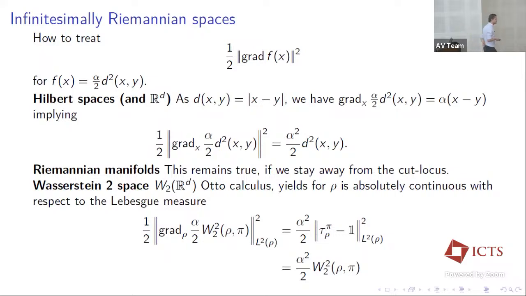And if you square that, you find the Wasserstein metric squared. So also there, this holds. And I would call a space that satisfies this property a space that is infinitesimally Riemannian, because at almost every point you have a tangent space where you can perform a computation like this. And this is what is the Riemannian property.